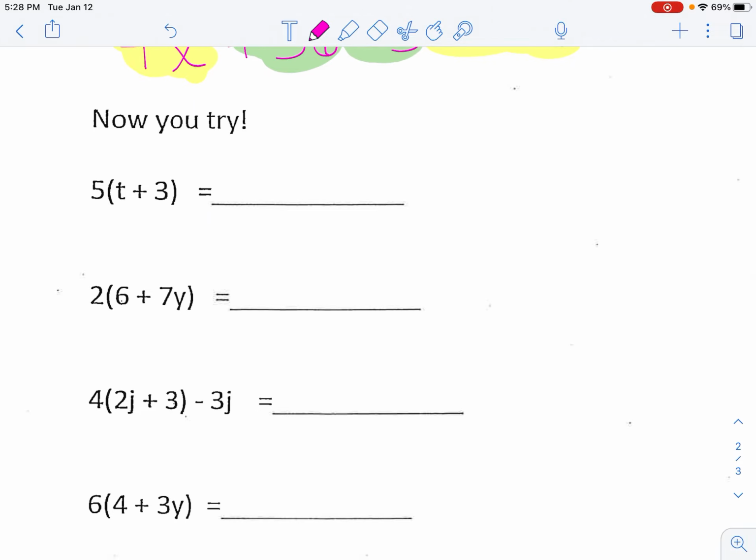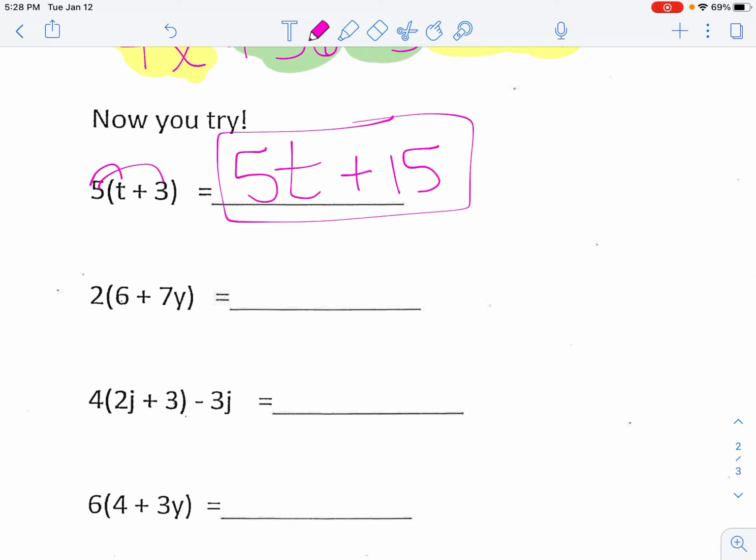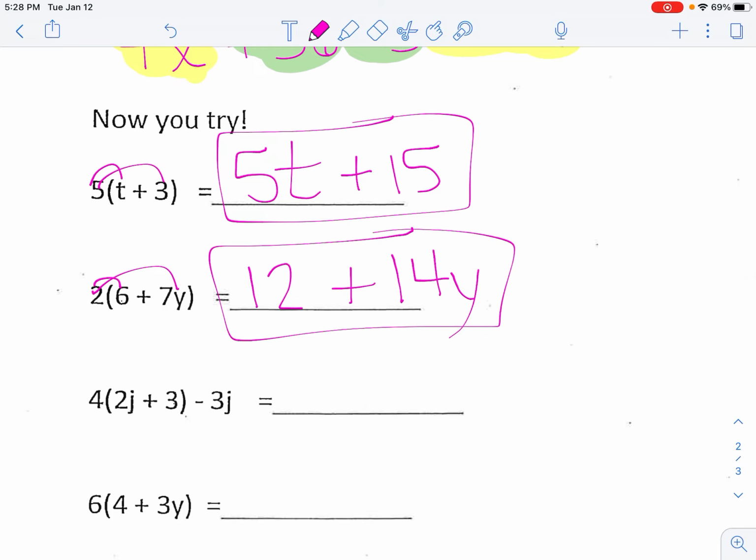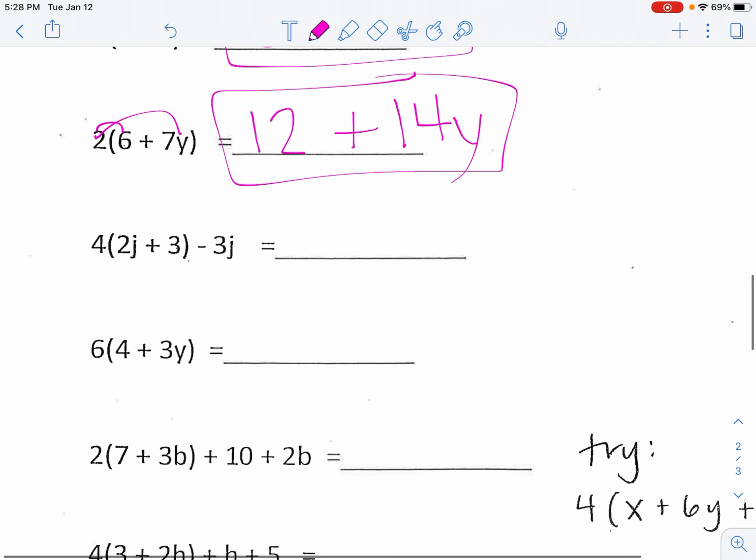Okay, I'm going to go a little bit faster. 5 times t is 5t. 5 times 3 is 15. 2 times 6 is 12. 2 times 7y is 14y. 4 times 2j is 8j. 4 times 3 is 12.